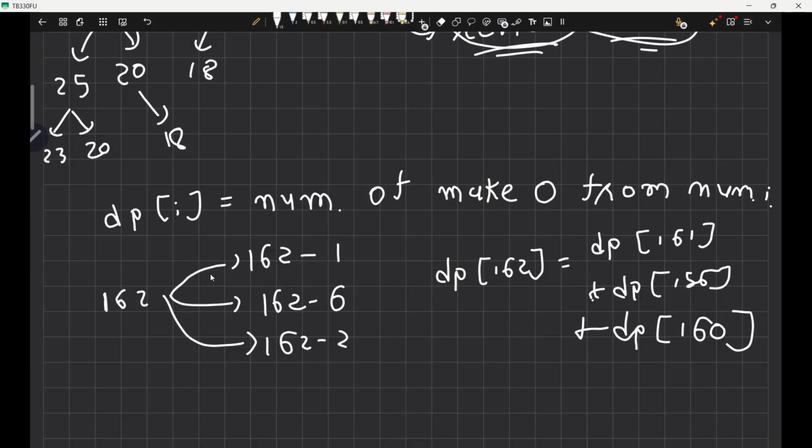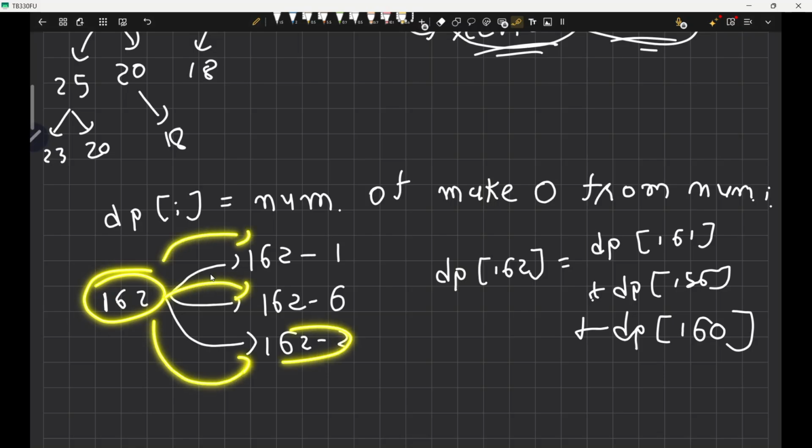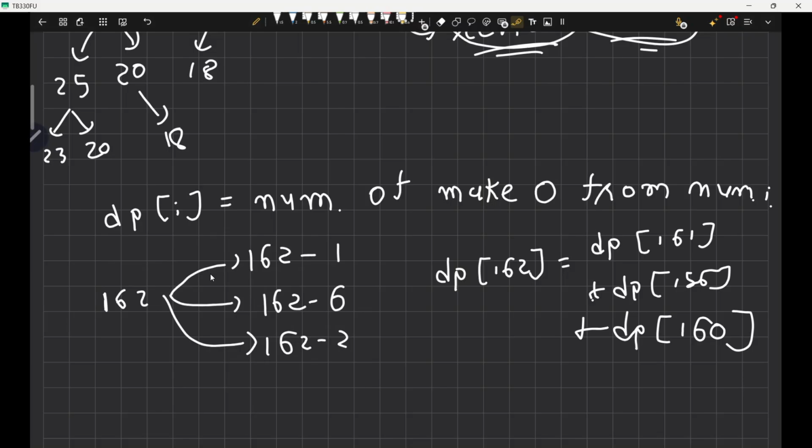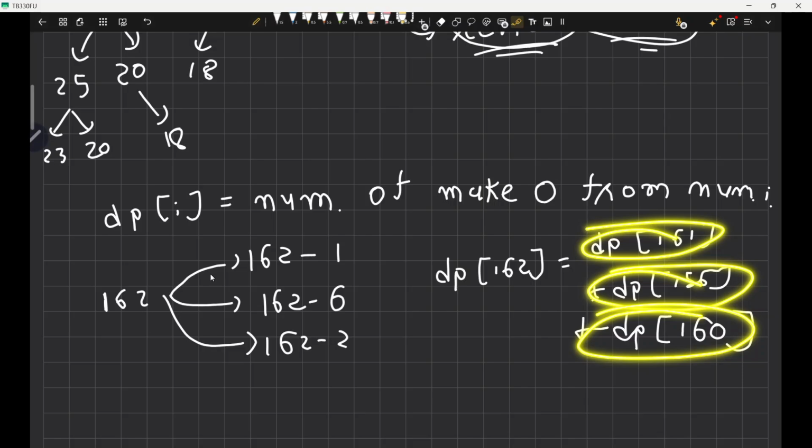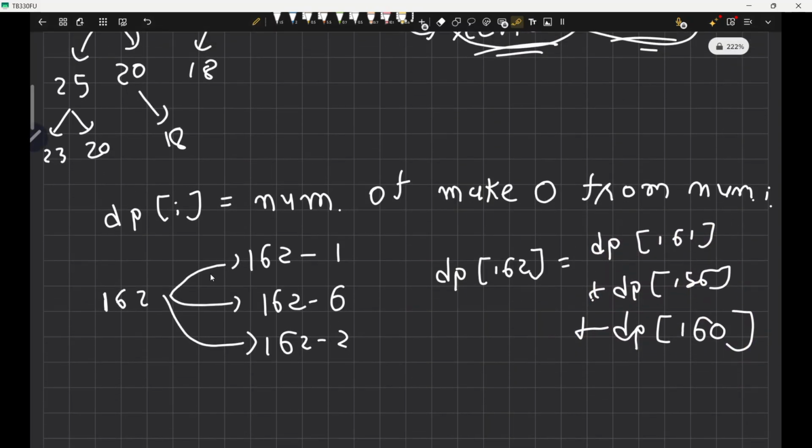Can you understand this thing? Right, so from 162 you can either go to this or go to this. There are all the possible three ways. And if you have to find all possible ways, you will do the sum of them, right? That's it. So this is the thing we will do.